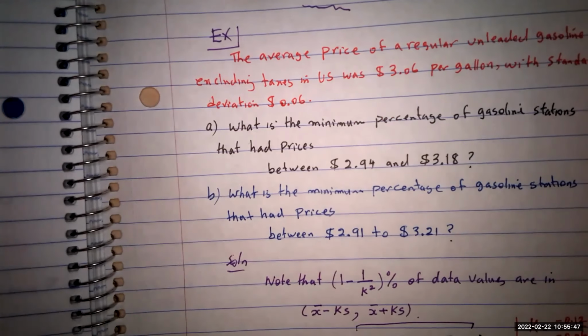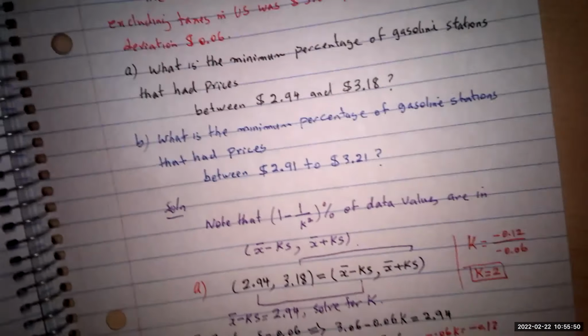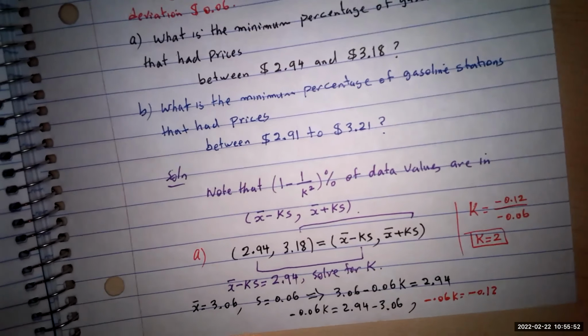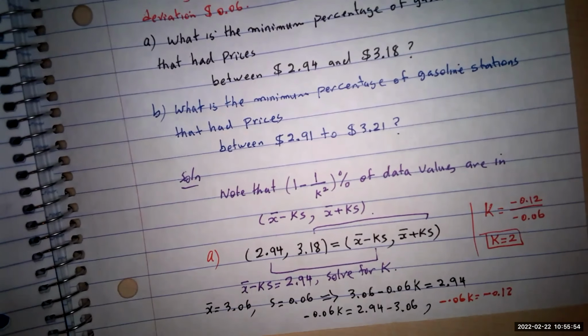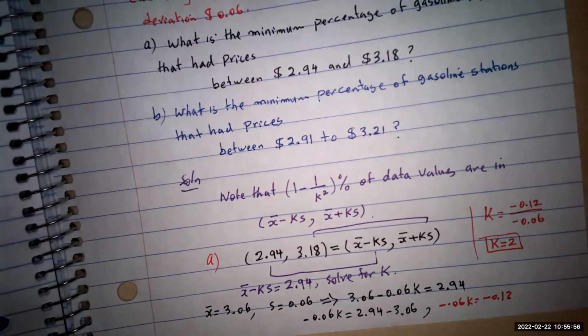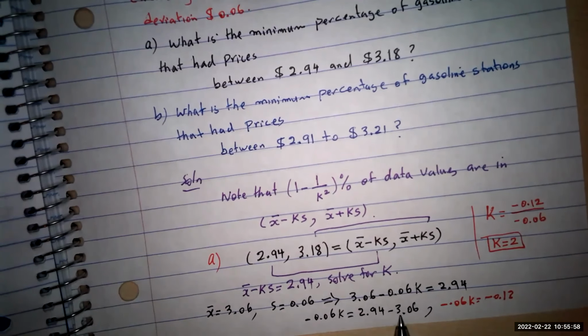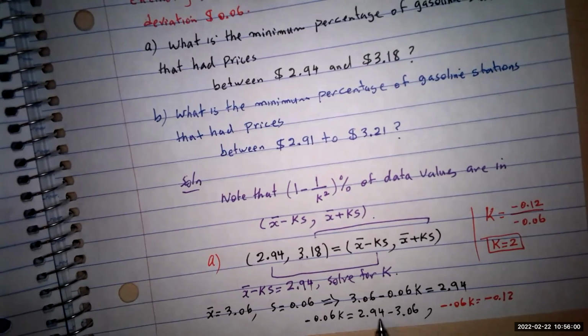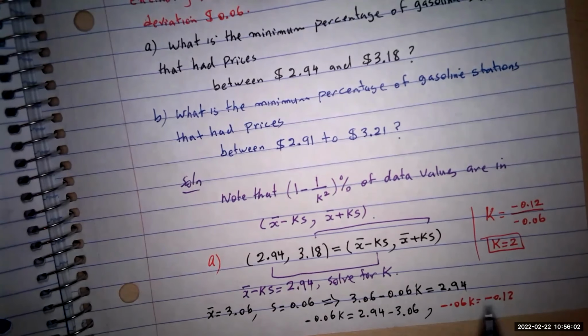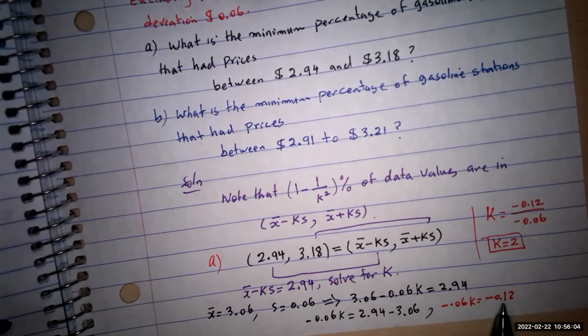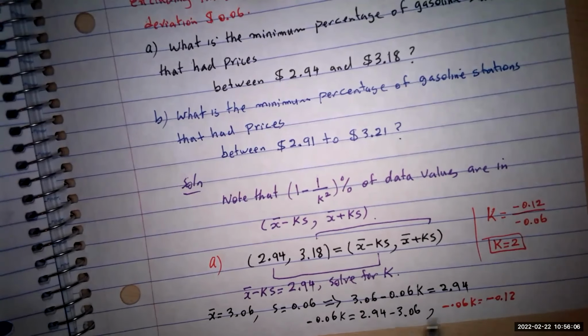I subtract. 2.94 minus 3.06. 4 out of 6 would be 2. 9 out of 10 would be 1. You carry 1, 2, and 3 would be 3. So negative 0.12.